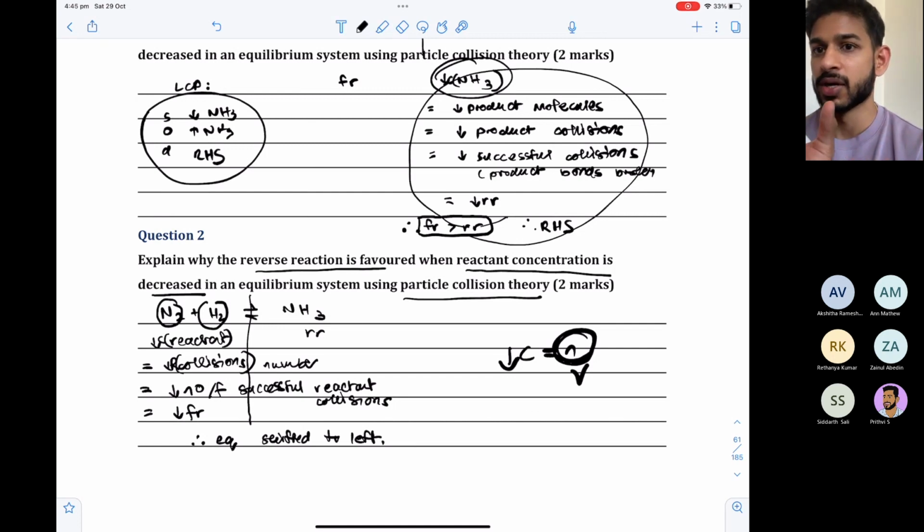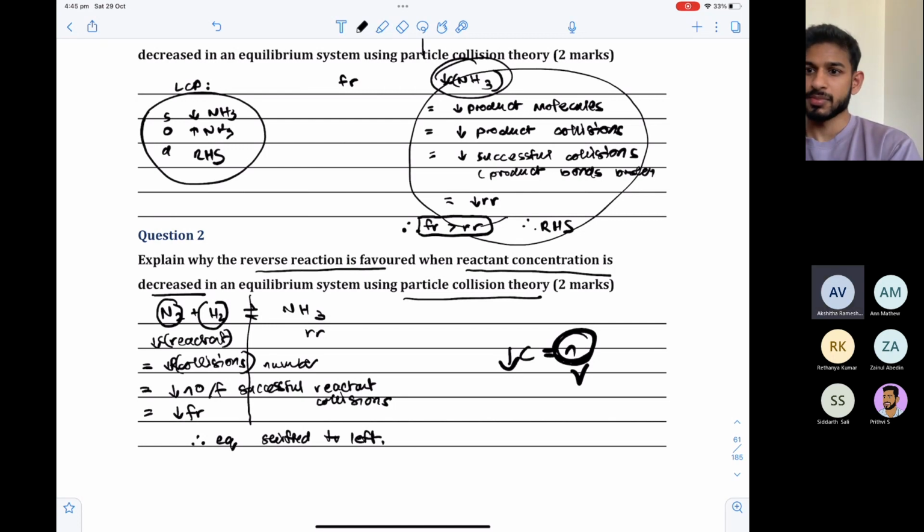The reverse reaction rate is occurring more. That's the key thing. So the net change is that ammonia molecules will react and reform nitrogen and hydrogen. We're increasing the concentration of reactants when we do that. So that's why we say the equilibrium shifts to the left, since the reverse reaction is being favored more. Does that make sense? Yeah, that makes more sense.